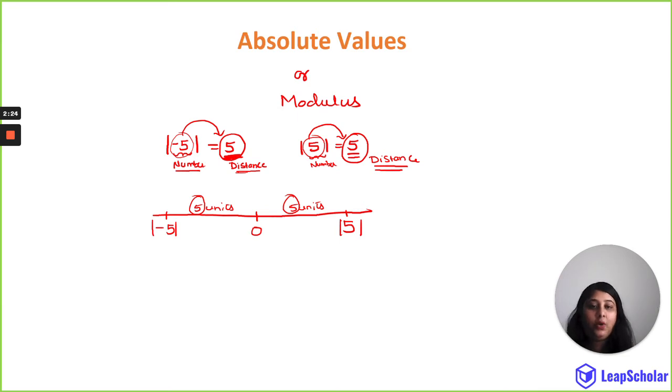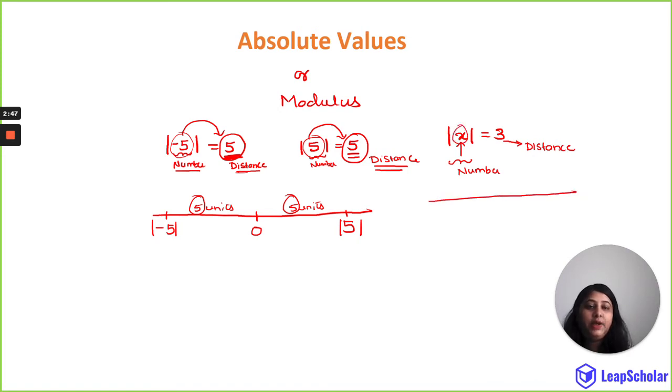Now, coming to one more simple question. Mod of x is equal to 3. If I write this, what do I understand from it? Whatever is inside the modulus is a number, and whatever you write outside is the distance. So, how do you read it easily? x is a number on the number line which is 3 units away from 0.